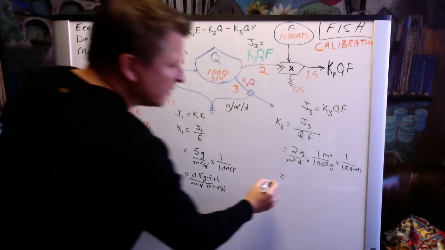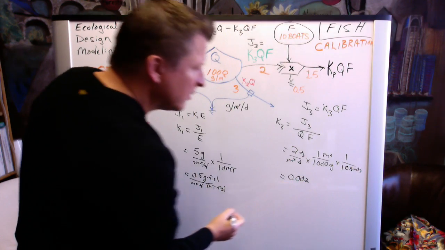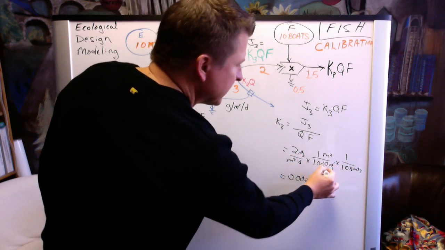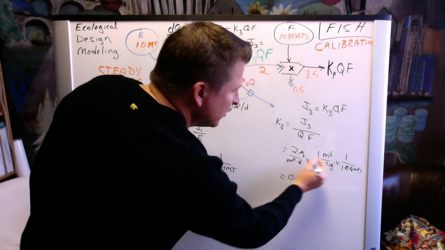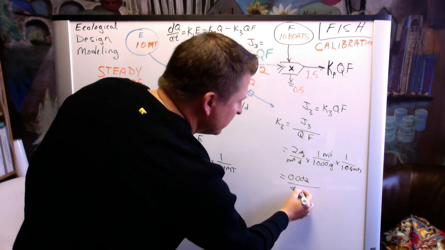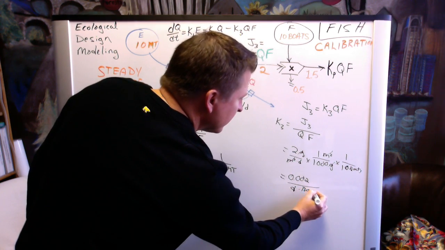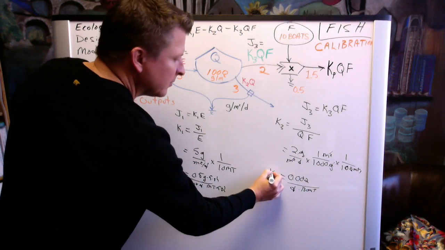Solve, and we'll get 0.002. We can cancel out our grams and our square meters, and we'll see that we have 0.002 per day per boat. And this is what K3 equals.